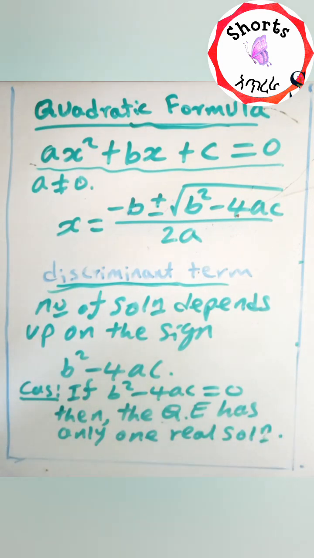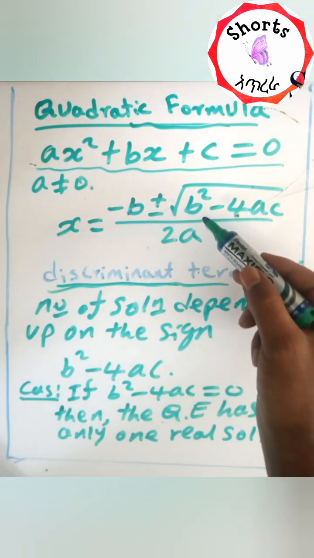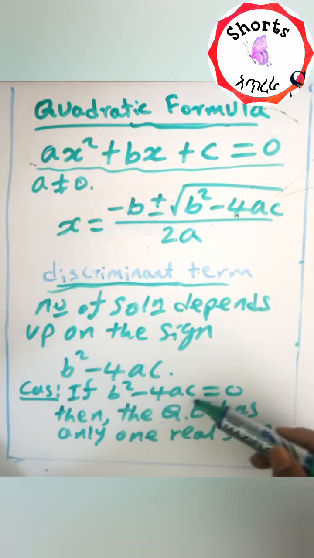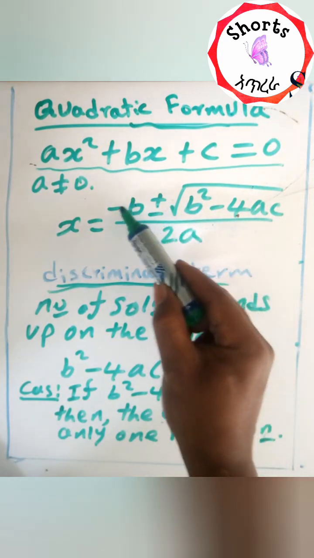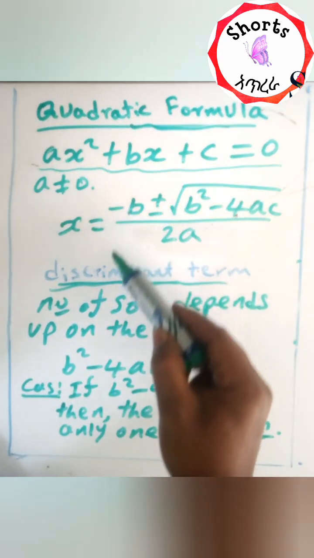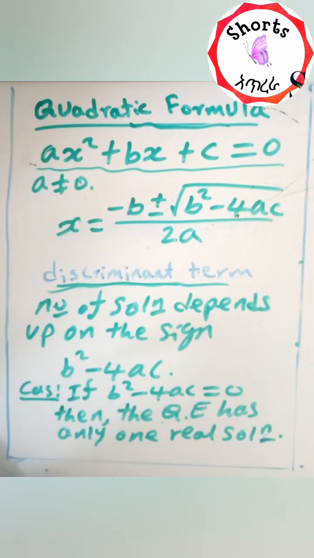This can be easily seen from the formula. If b square minus 4ac, the radical term, is equal to 0, then we remain only with x is equal to minus b over 2a. This is the first case.